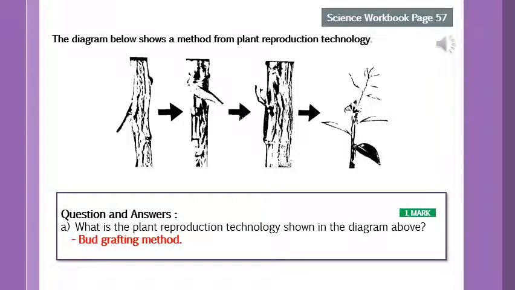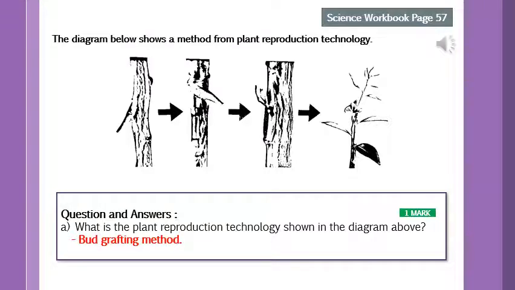Why? Because if you look at the picture, part of a plant is being fused to another plant. Then the plant grows. This is different from marcotage because marcotage doesn't have fusion between 2 plants.